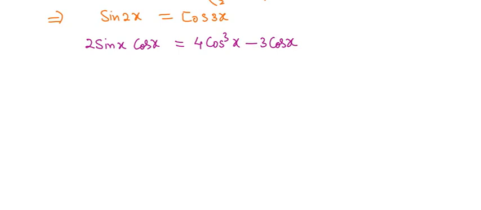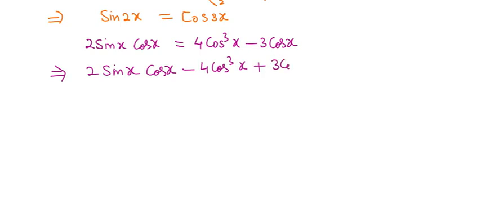Transfer all these terms from the right hand side to the left hand side. So this may be written as 2 sine x cos x, this plus becomes minus 4 cos cube x, and this minus 3 cos x will be written as plus 3 cos x. On the right hand side you will have 0.